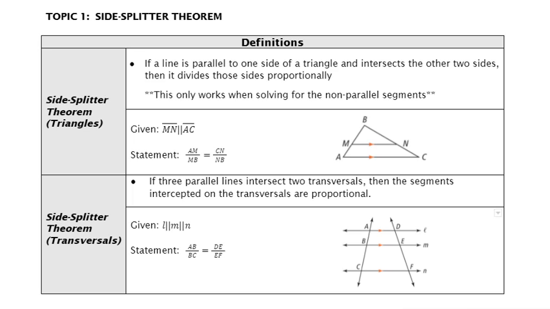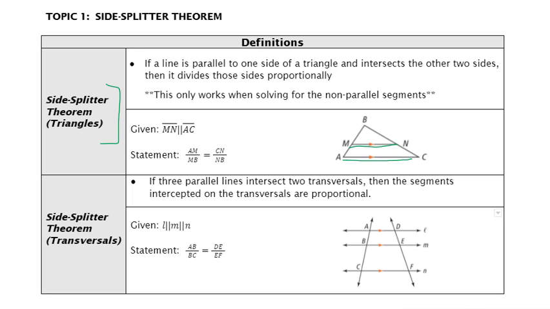The first two theorems are actually very similar, and they're talking about proportions and segments. So the first one is called the side splitter. The side splitter says if a line is parallel to one side of a triangle and intersects the other two sides, then it divides the sides proportionally. A lot of times we see this with overlapping triangles.